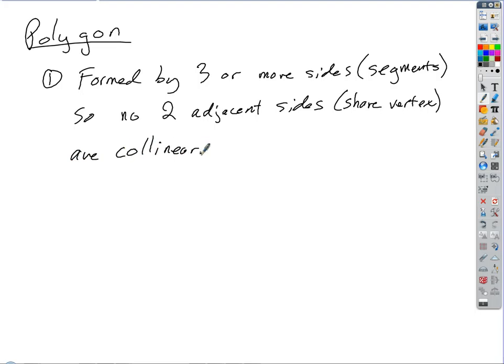Does that make sense? So no 2 adjacent sides could be collinear, because if they were, they'd form a straight angle, right? Does that make sense? Okay, so let me try another one on you.